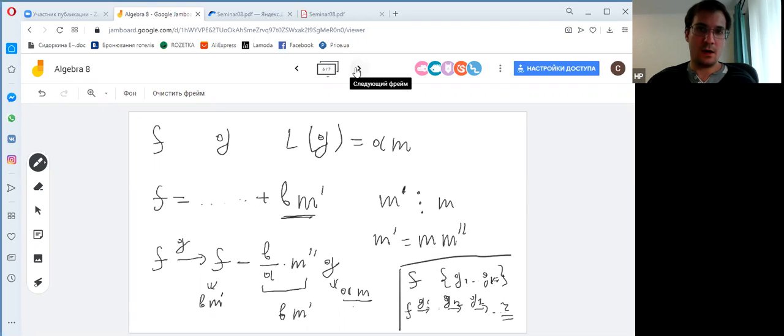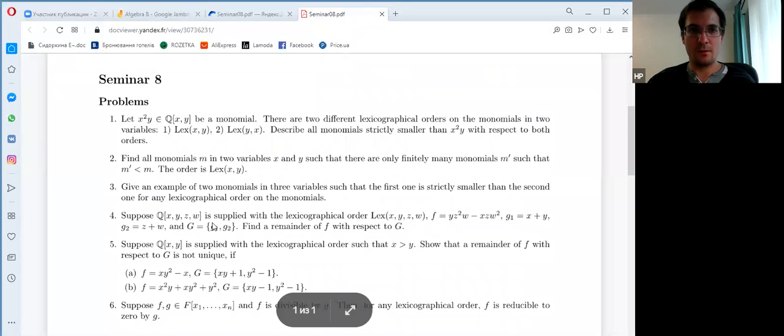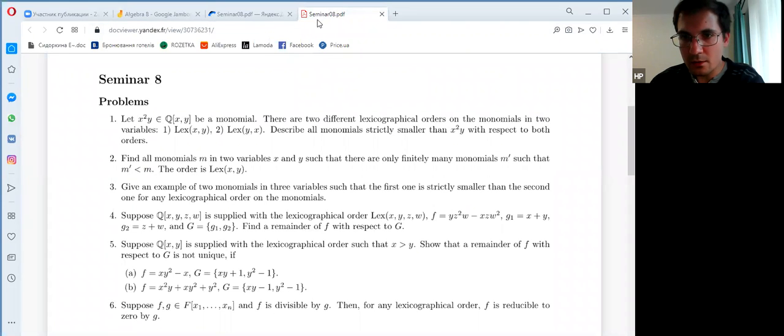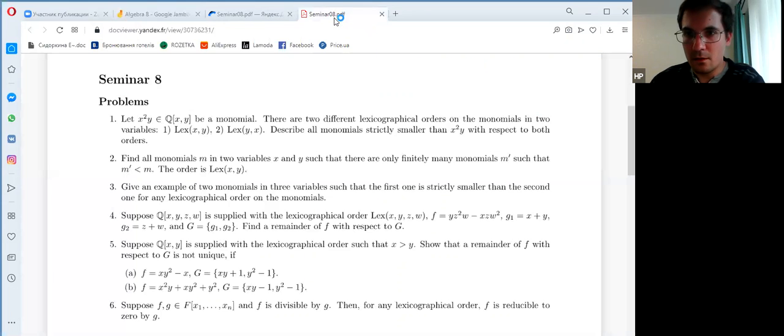Okay, let us start with our task number 4. We have f equal to y z squared w minus x z w squared.